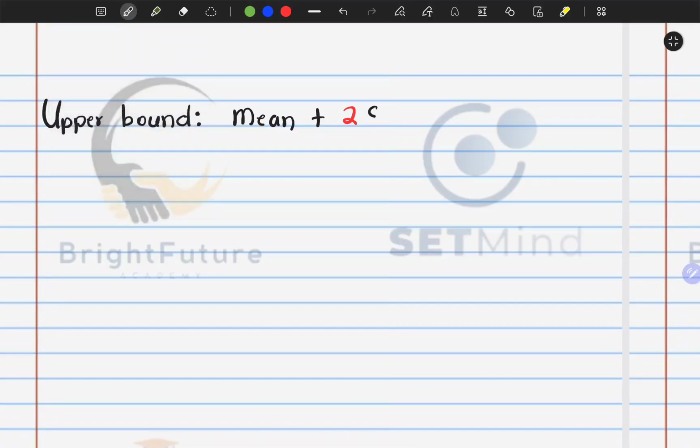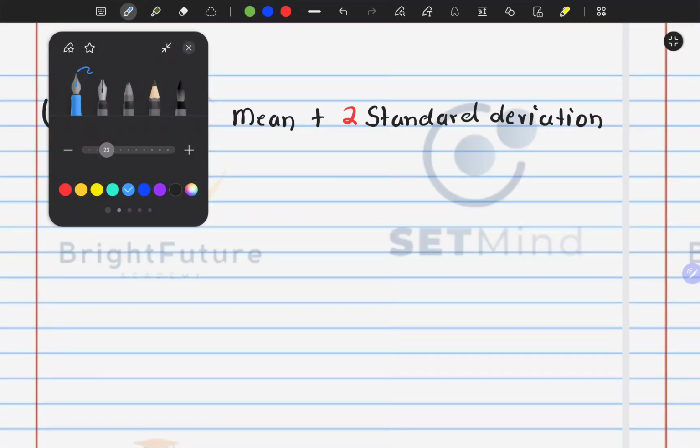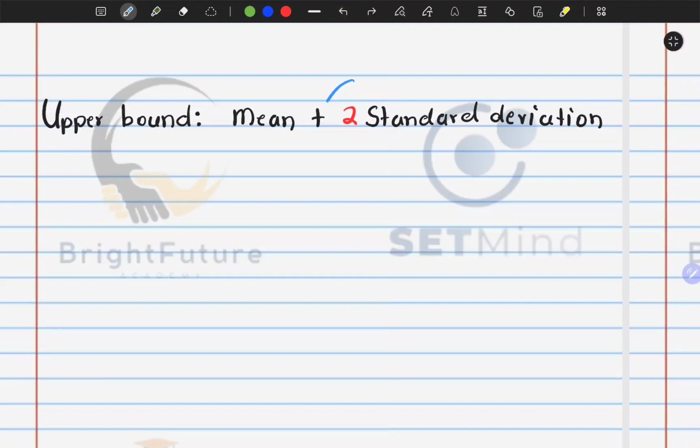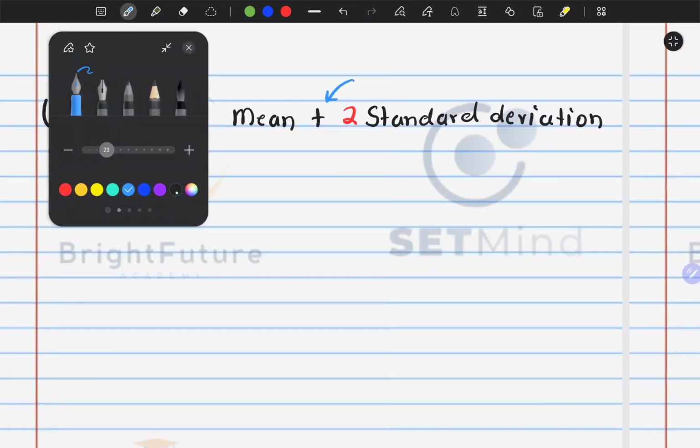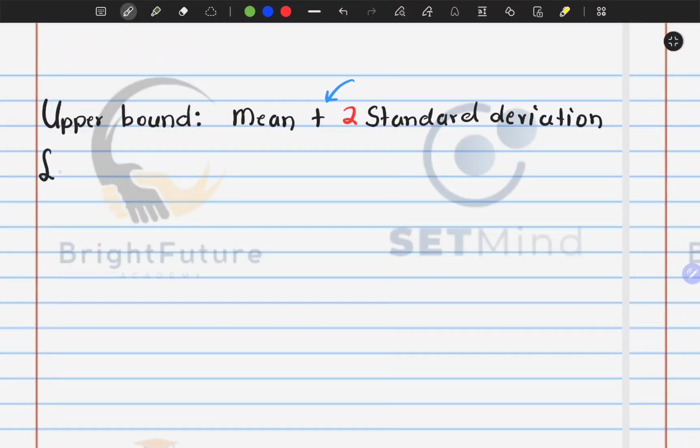So 2 times our standard deviation, that's our upper bound. But what you should notice is that we have a plus here. Then we go for our lower bound.